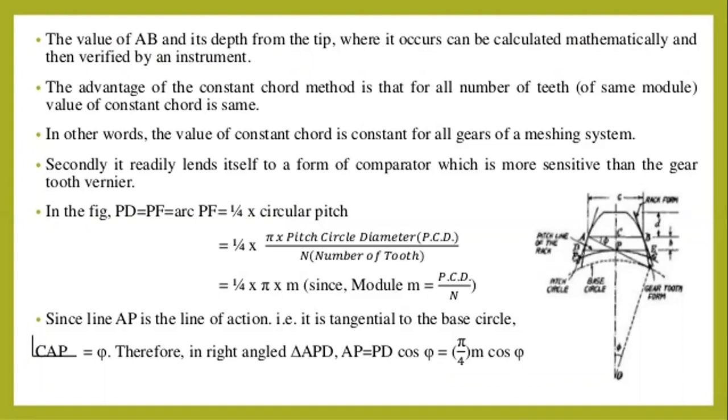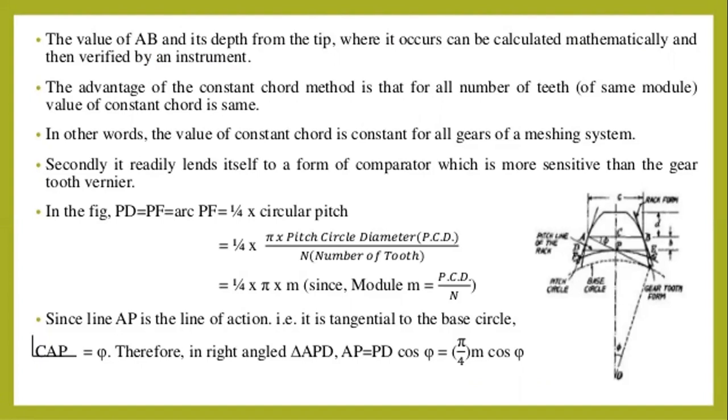And the advantage of the constant chord method is that for all numbers of teeth, the value of this constant chord is the same. So for all the gear teeth, the constant chord is the same at all positions.